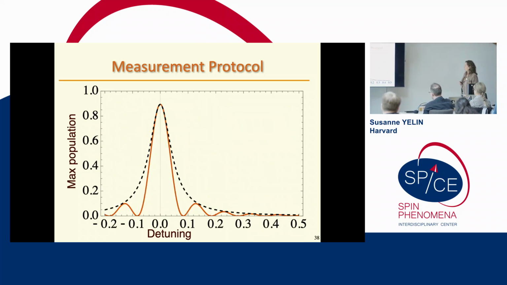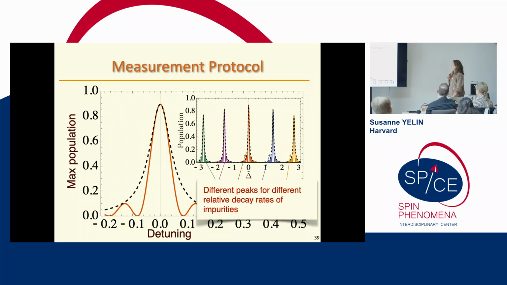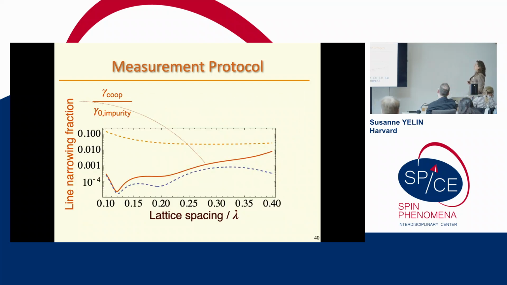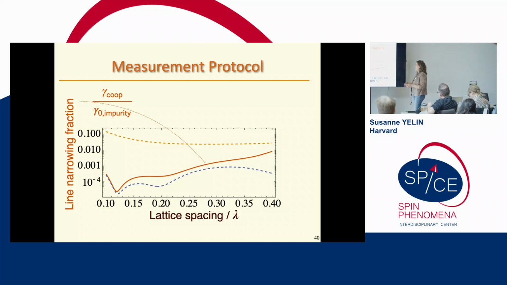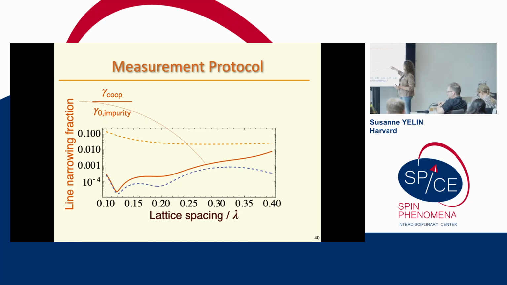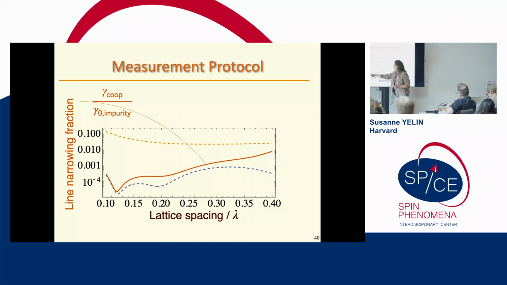Here is the maximal population exchange as a function of the detuning from each other. And here, this one I will leave out. And here is basically our figure of merit, where we look at how much we can actually line narrow this. This looks like an absolute figure. It's not, because it depends on so many parameters, but this is kind of normal. Ignore these two curves, but this orange curve basically gives the line narrowing fraction as a function of the lattice spacing.